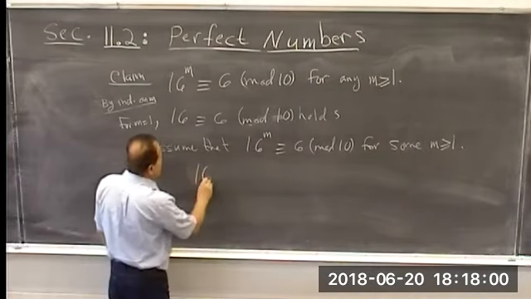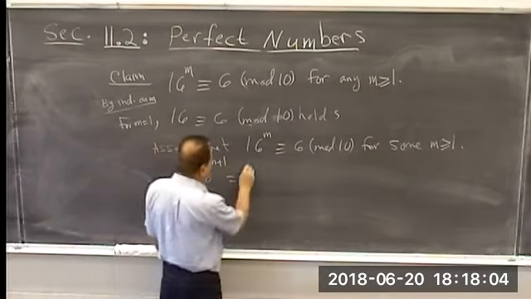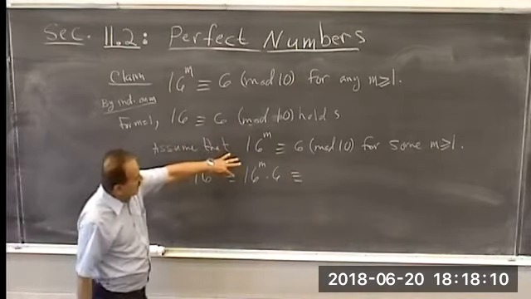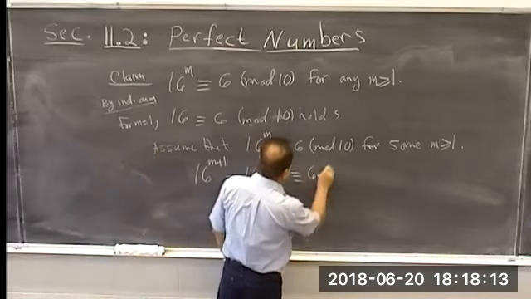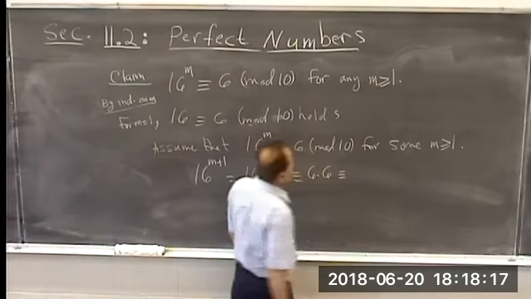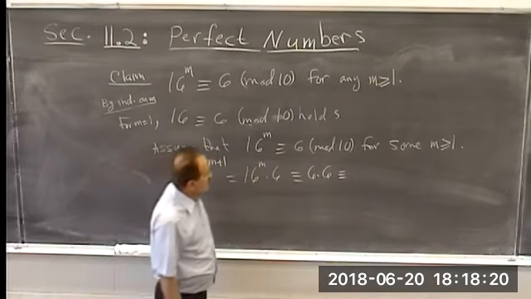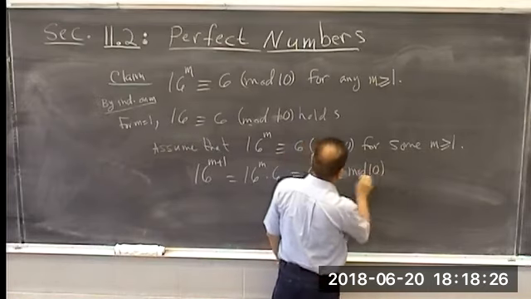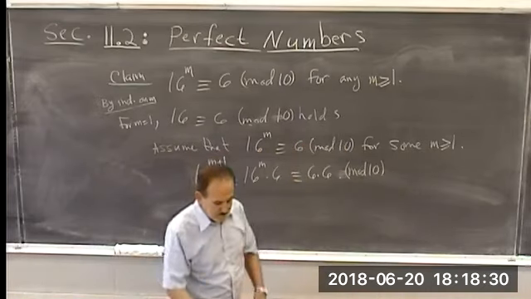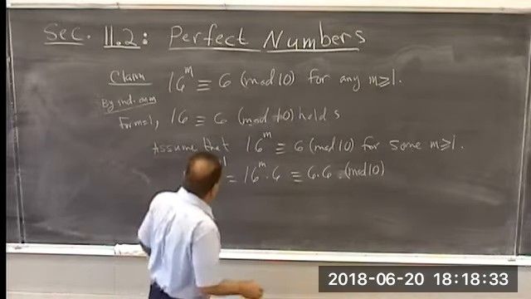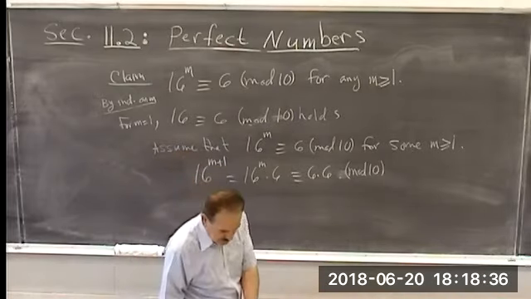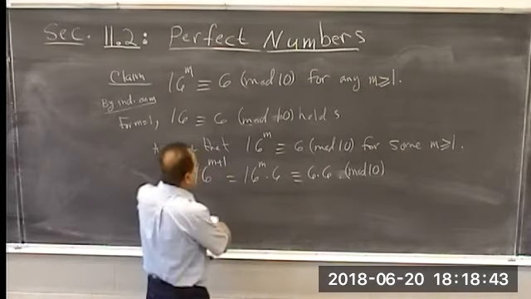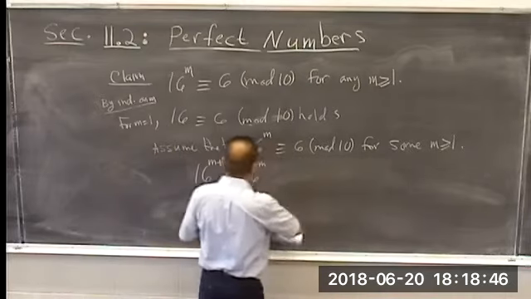Then let's look at 16^(m+1), which is 16^m times 16. That 16^m is congruent to 6, then multiply by 16. Sorry, I should say something is wrong.